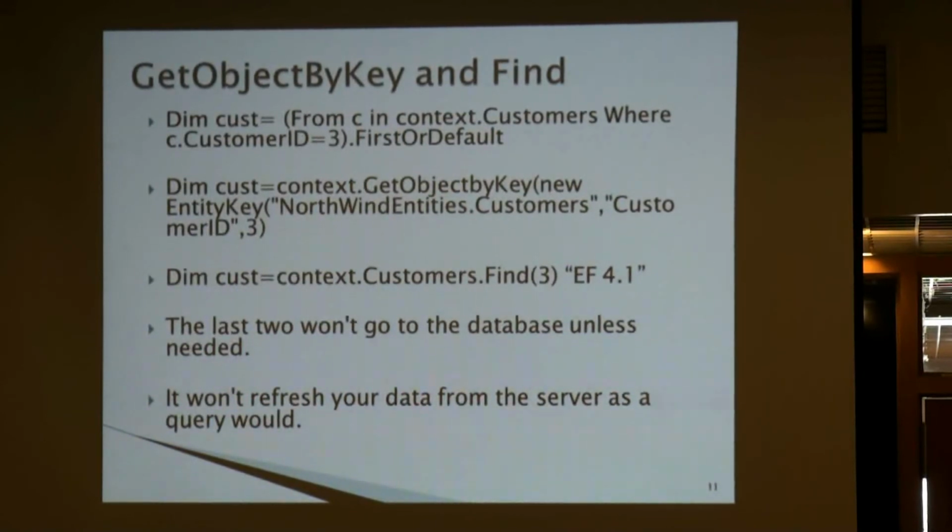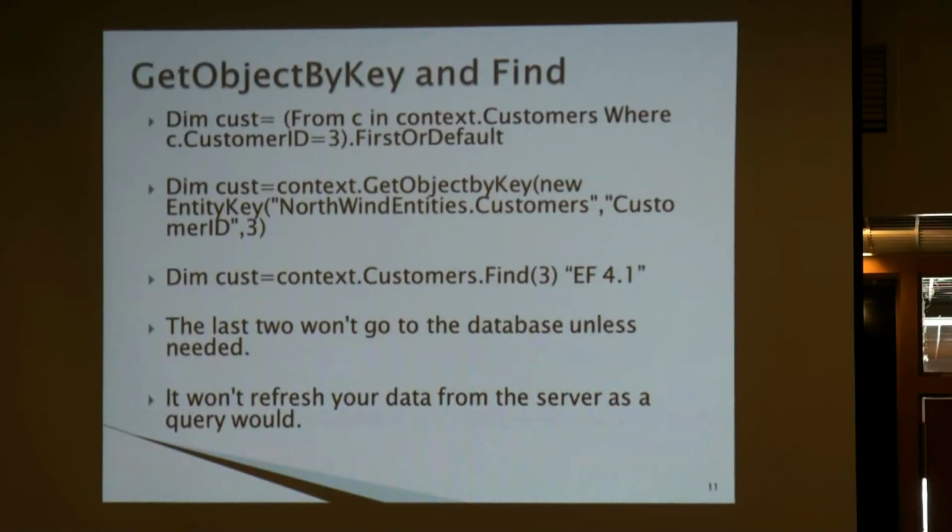Create a customer from customers where the customer ID equals 3, and get me the first record. This is right, this will work, but this will not give you the best performance. If you're planning on getting objects by their key, the primary key, there is a better way to do it, which is the second line.